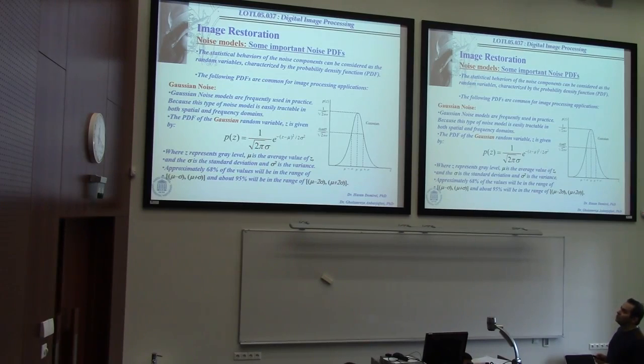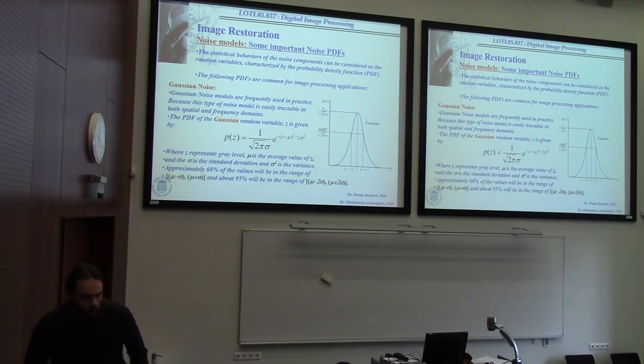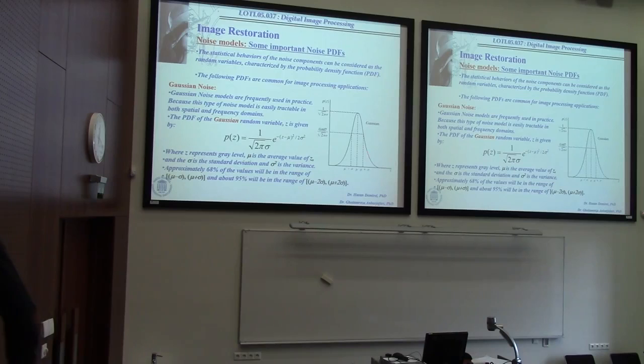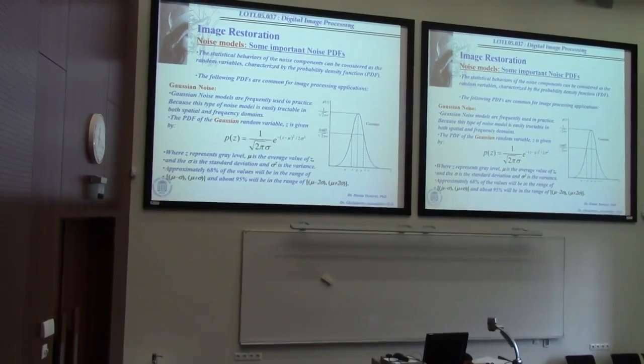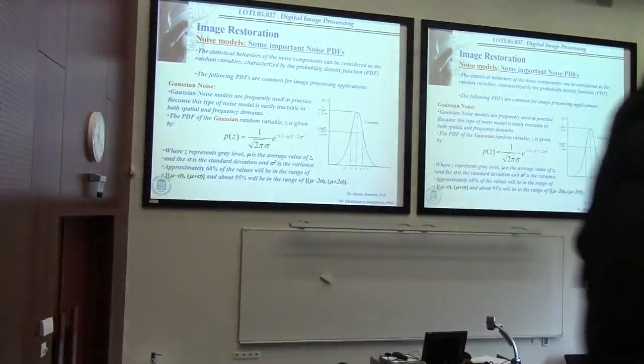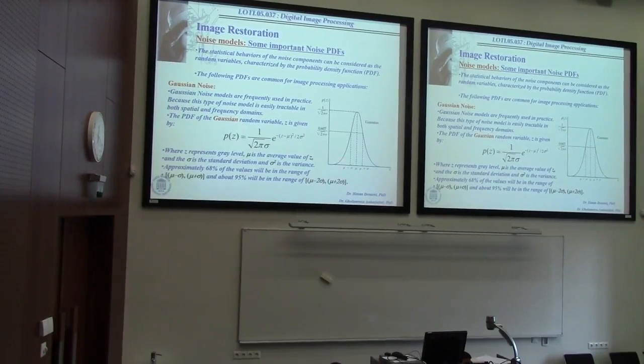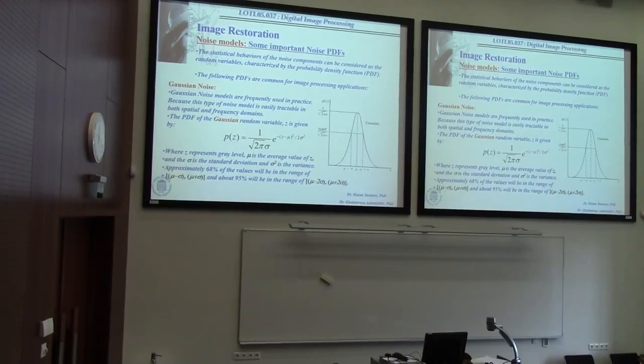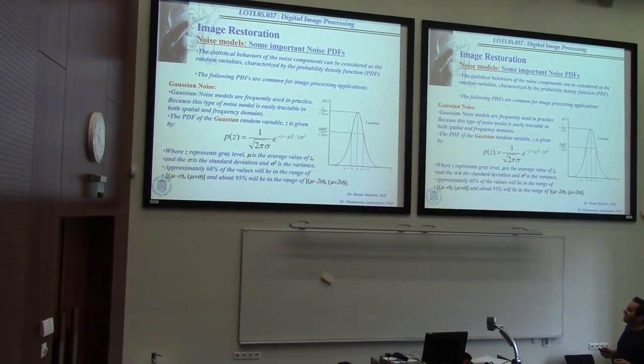And also you know that around 68% of the values are in this area between mu, we call it mean here, mu minus sigma and mu plus sigma, and 95% of the values are in this range, that is mu minus 2 sigma and mu plus 2 sigma, that's here and here.